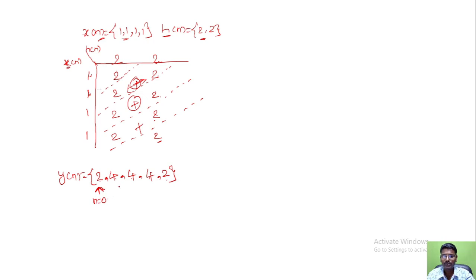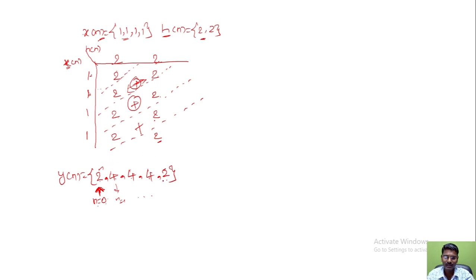So this is n is equal to 0 and this is n is equal to 1, and so on. It is enough to mention the first sample alone. So I am drawing an arrow mark here and mentioning n is equal to 0. So my sample starts from here. This is n equal to 0, n equal to 1, n equal to 2, n equal to 3, and n equal to 4.